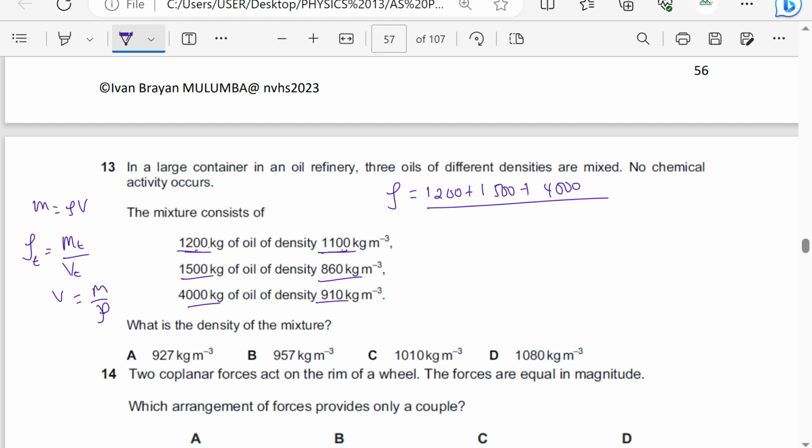So for the first oil, this will be 1,200 divided by 1,100 plus, for the second oil, this will be 1,500 divided by 860 plus, for the third oil, this will be 4,000 divided by 910. I don't need to press a calculator for this because we have done this many times. You can check your calculator.